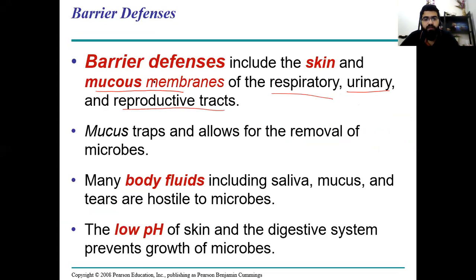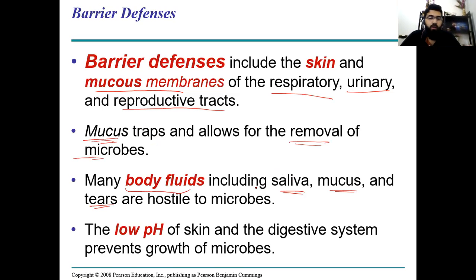This mucus is for protection and destroys or kills pathogens. The mucus in your respiratory system, for example, traps and allows for the removal of microbes found in the air which enter the body. Many body fluids, including saliva, mucus, and tears, also destroy microbes.